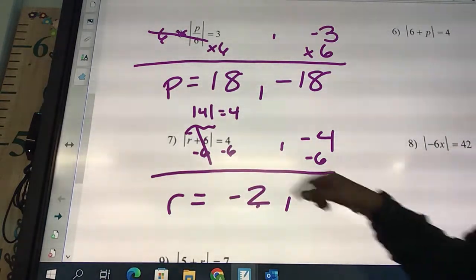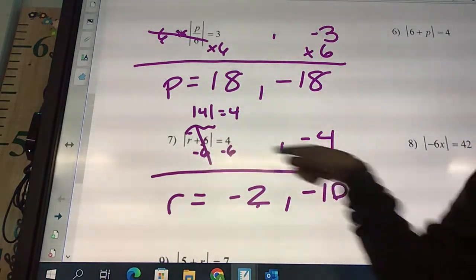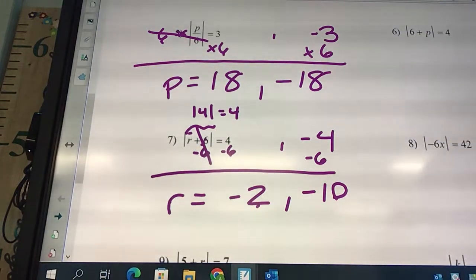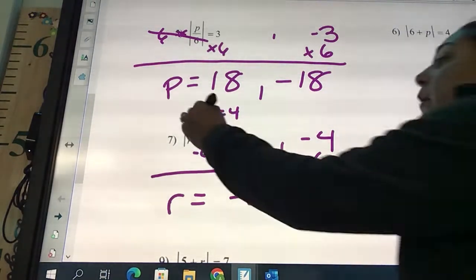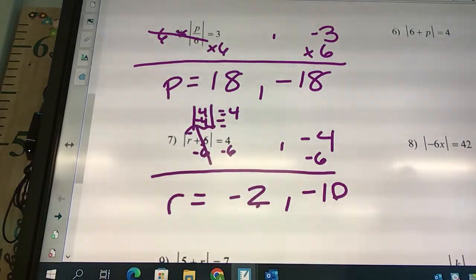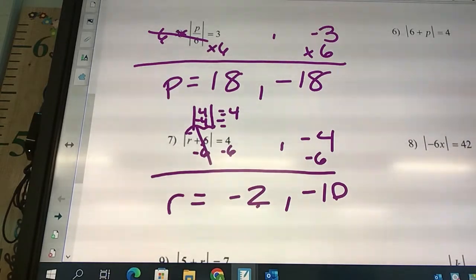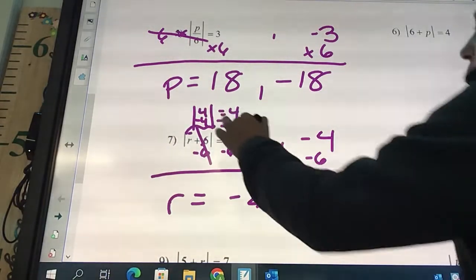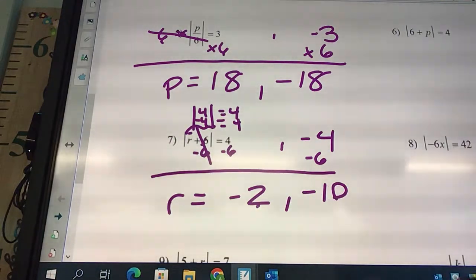Yeah. What is -10 plus 6? Because that's our other answer. -4. But we know that the absolute value takes whatever's negative on the inside and turns it positive, right? So negative 4 really becomes 4 also. And so that's how these work. That's why you get 2 answers for each.